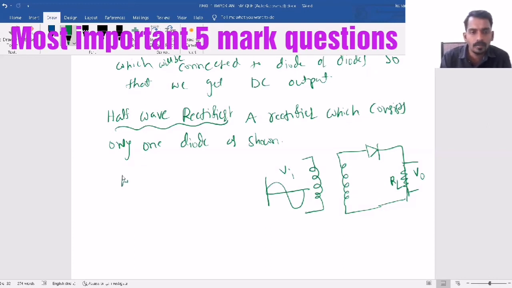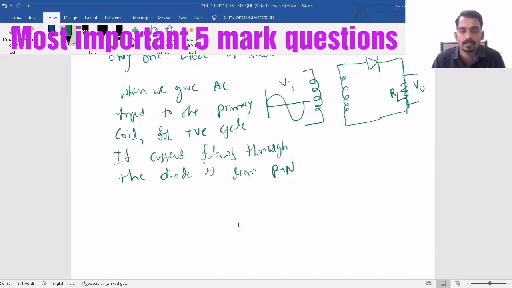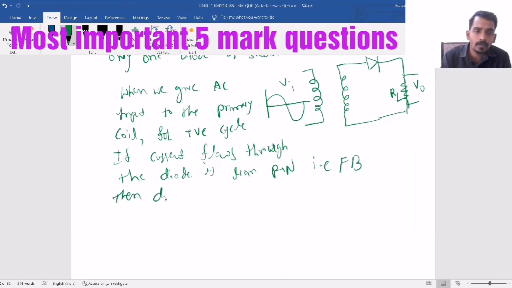So when we give AC input to the primary coil, for the positive cycle, if current flows through the diode from P to N, that is forward bias, then the diode conducts.